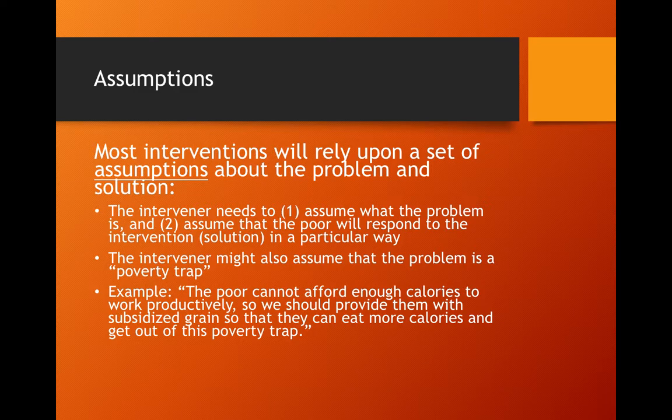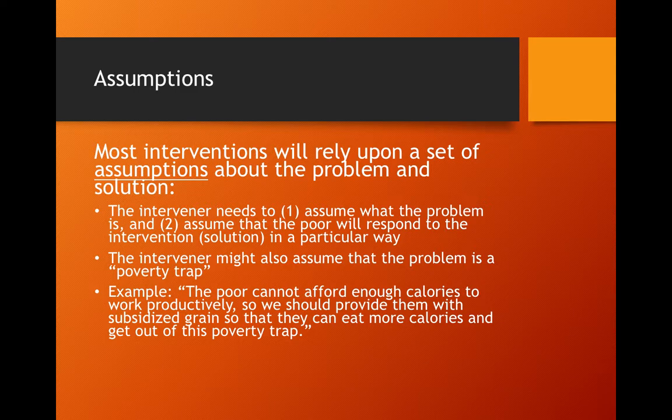Second, they need to assume that the poor will respond to the intervention in a particular way. If you're providing free grain, and you think the problem is a lack of calories, you're assuming that if you provide free grain, the poor will eat more grain. Okay, the intervener might also assume that there is a poverty trap.